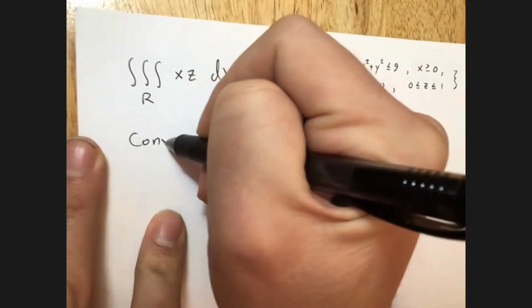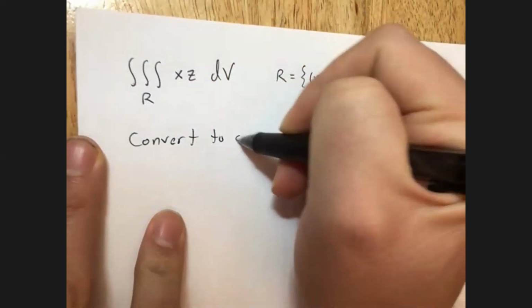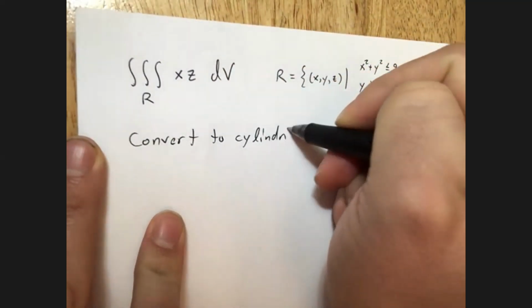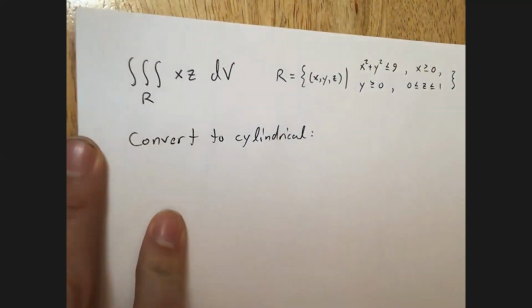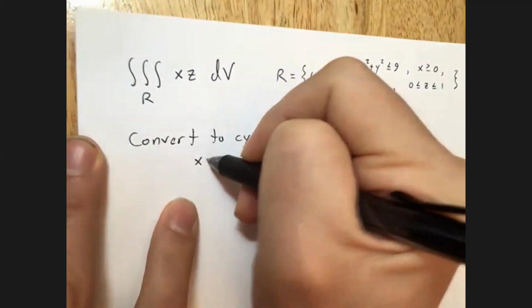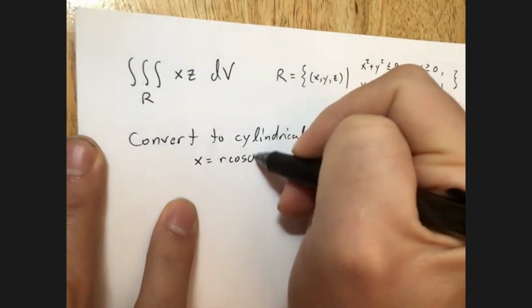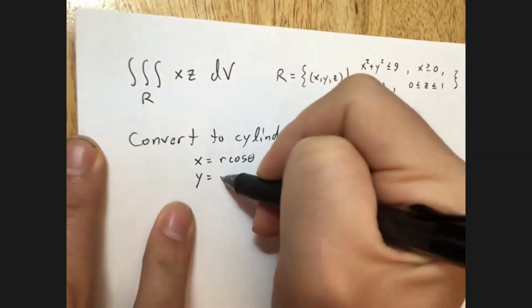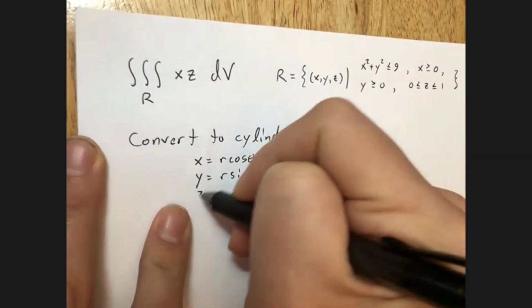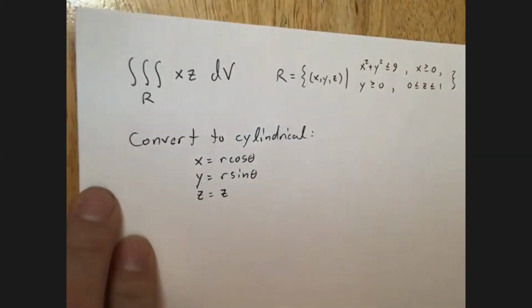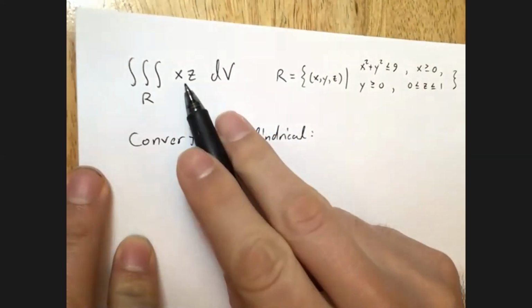All right, remember our formulas. x equals r cosine theta, y equals r sine theta, and z is just going to stay z. So what does this thing become?